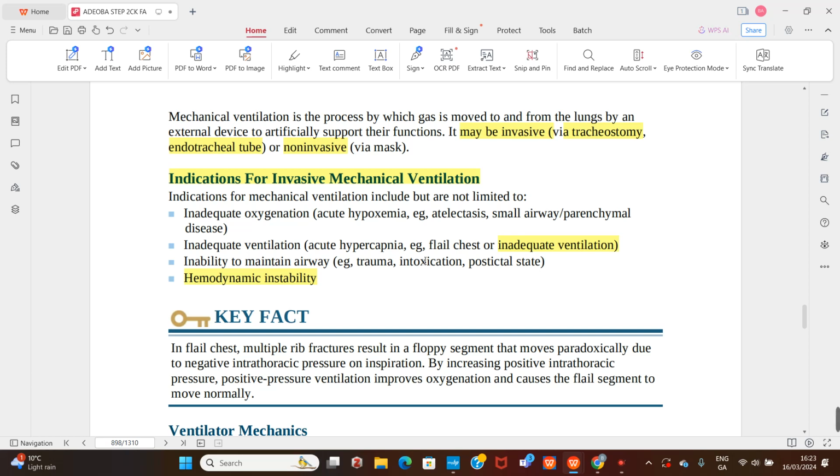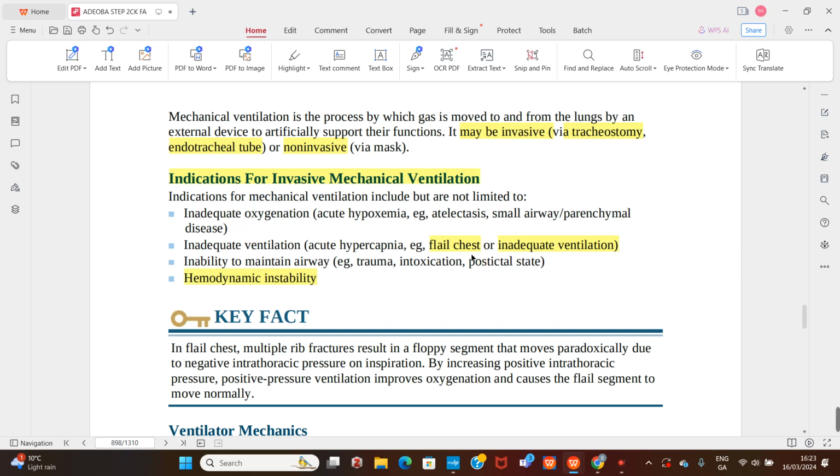So there are so many things that can lead to problems with ventilation, that is, problems with bringing air in and out of the lungs. For example, someone that has flail chest.